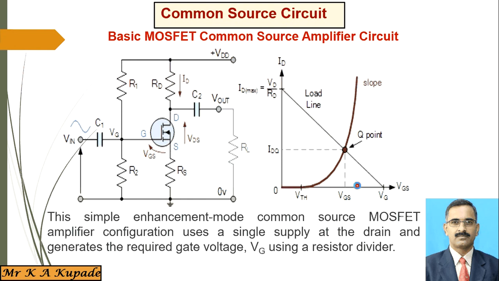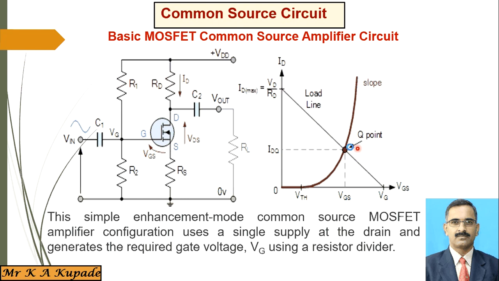And here the VG voltage, whatever VG point you get in the R1 and R2 biasing network or voltage divider network, is turning on the MOSFET and ID current starts to flow. Now, considering the center point of this graph, you can again consider this Q point.